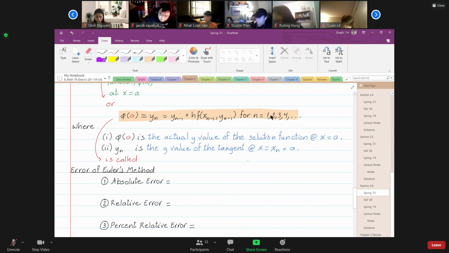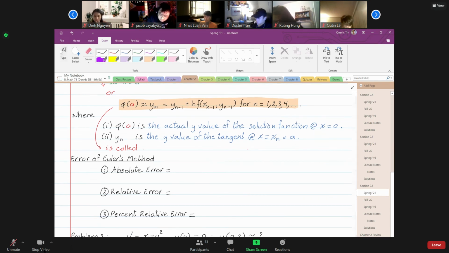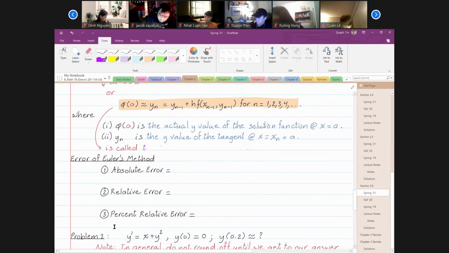Okay, so what is this one called? That is called Euler's method. So that's what this section is all about, using Euler's method to approximate a solution value. Okay, so how do you get the error?